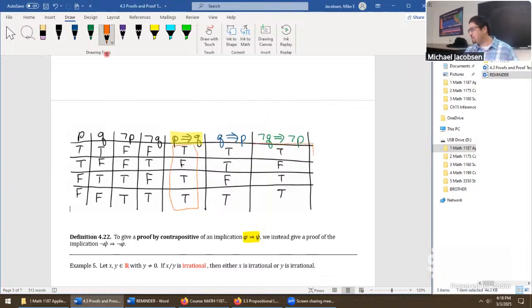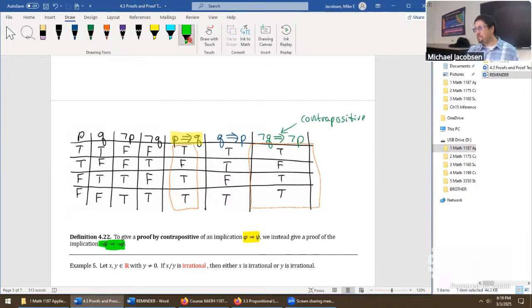Okay, aside from Microsoft complaining a whole bunch, here's the thought I was trying to convey. This right here is the contrapositive, matching up with the contrapositive statement given down below on definition 4.22. We said when we were in section 3.3, these are logically equivalent in the sense that the truth assignments line up.